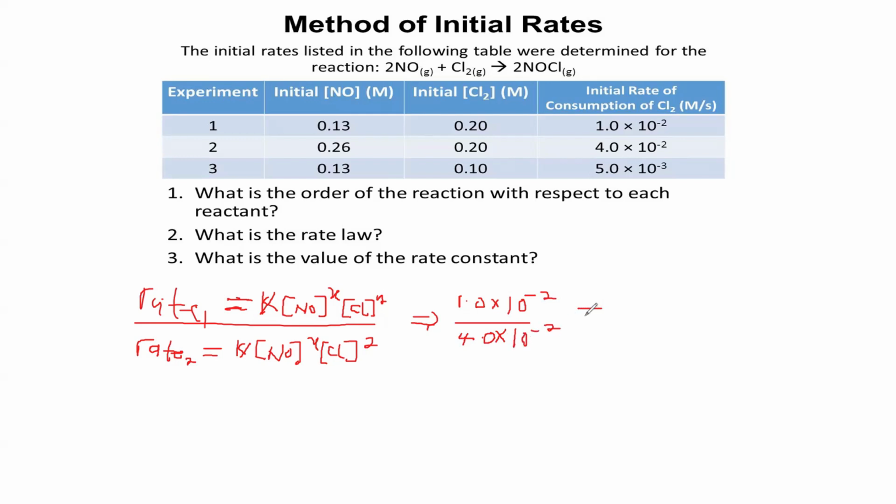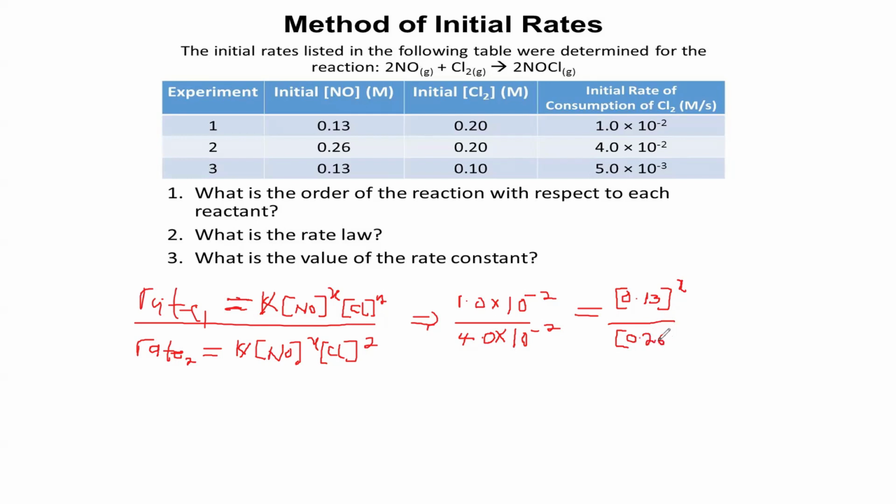This is equal to the initial concentration of the nitrogen oxide, which is 0.13, in brackets, to the power X, divided by the nitrogen oxide concentration for experiment 2.